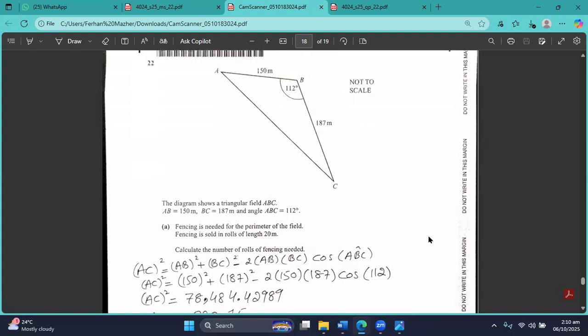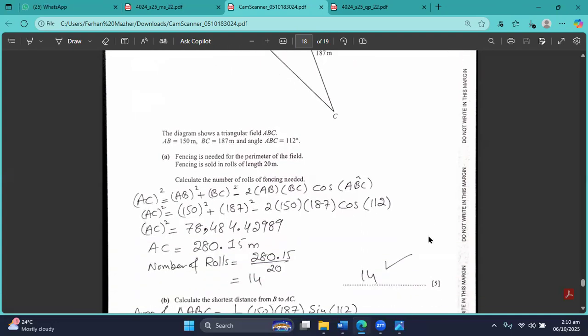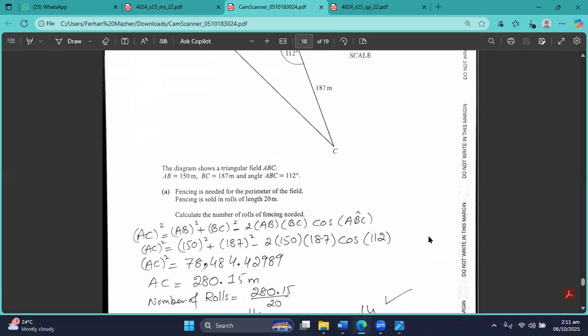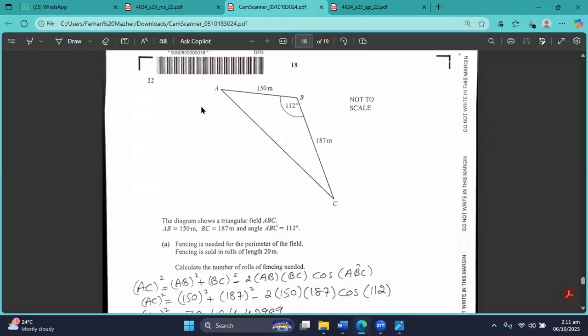So let me calculate the length AC we just found. That is 280.15. Okay, so we need to know what is the total. Let me take out the calculator.